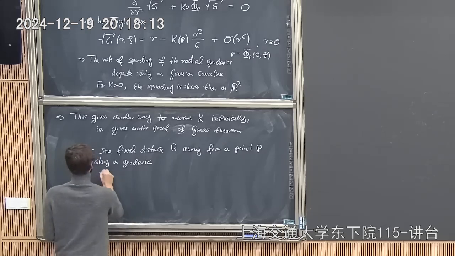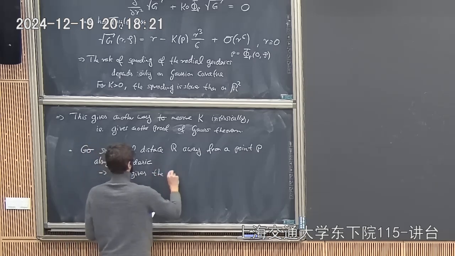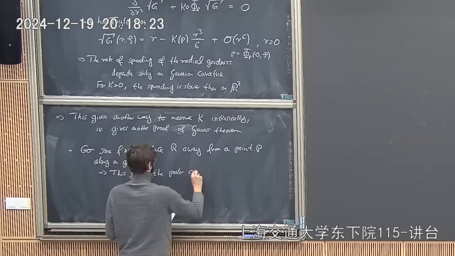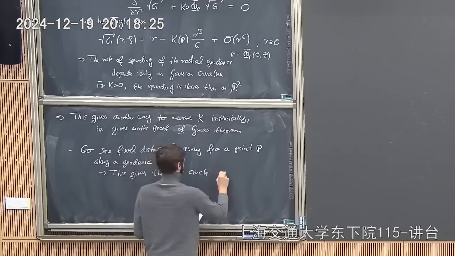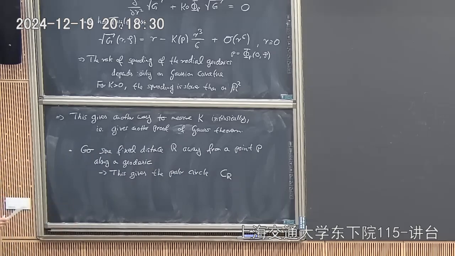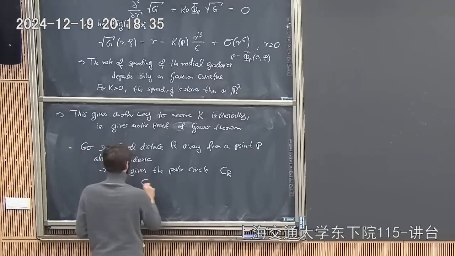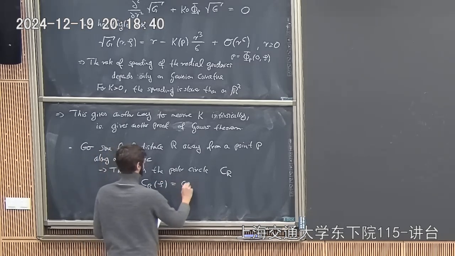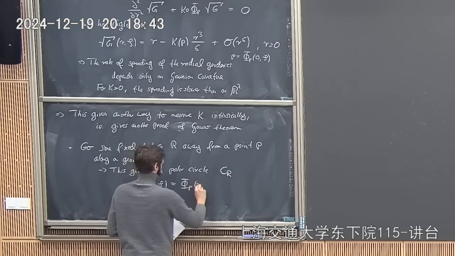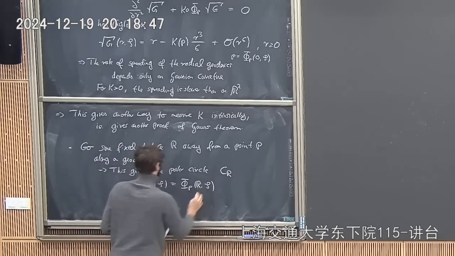So this gives the polar circle, let's call it C of r. C of r is now parameterized by phi, which is a different way of writing the polar coordinates.